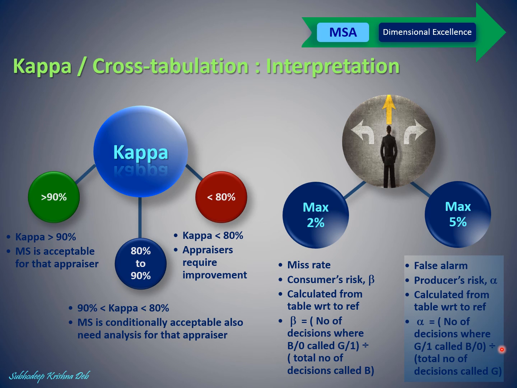We have to count that again from the table, and then it will be divided by the number of decisions wherein the appraiser has called parts as good. So this fraction will be calculated as the false alarm. So miss rate and false alarm are very important parameters that need to be calculated, and on this basis we can judge which appraiser needs to be trained on which parameters.